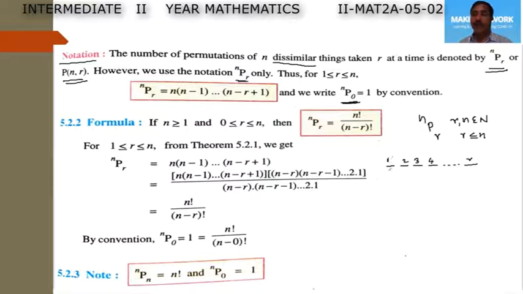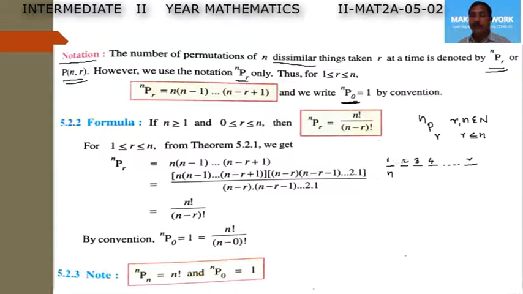Therefore, this first blank can be filled with all those n different things in n different ways. Here you can remember the fundamental principle. We are not filling all the blanks at a time. We are filling these blanks one by one. The first blank can be filled with all the n different elements in n ways.